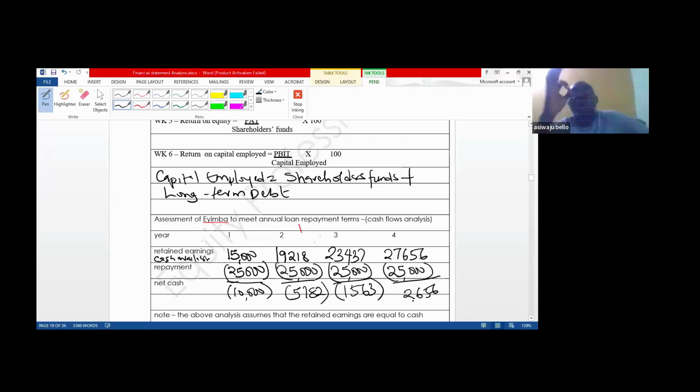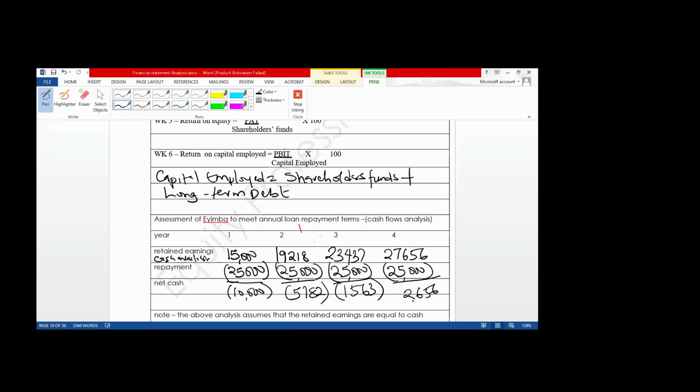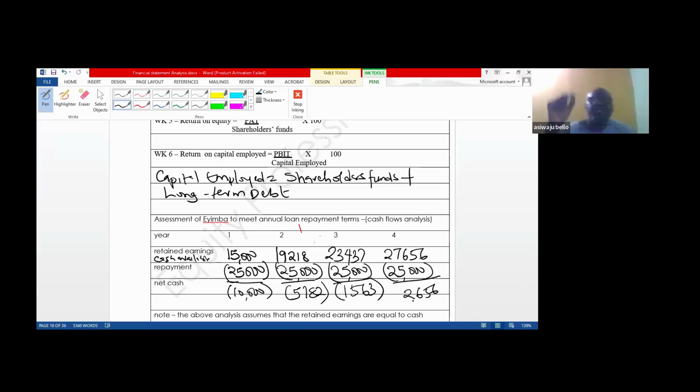Now look at this. Do you think the company should take the loan? No. You don't have enough retained profits to finance repayments. That means we don't have enough cash flow.